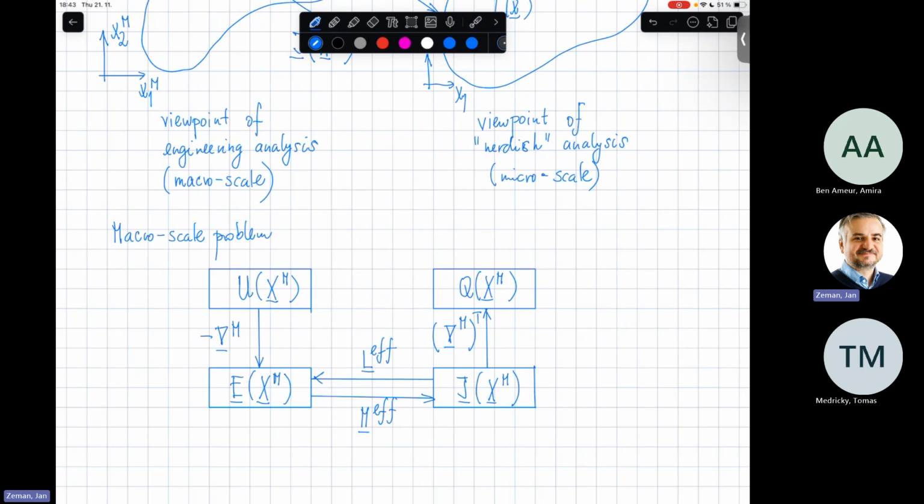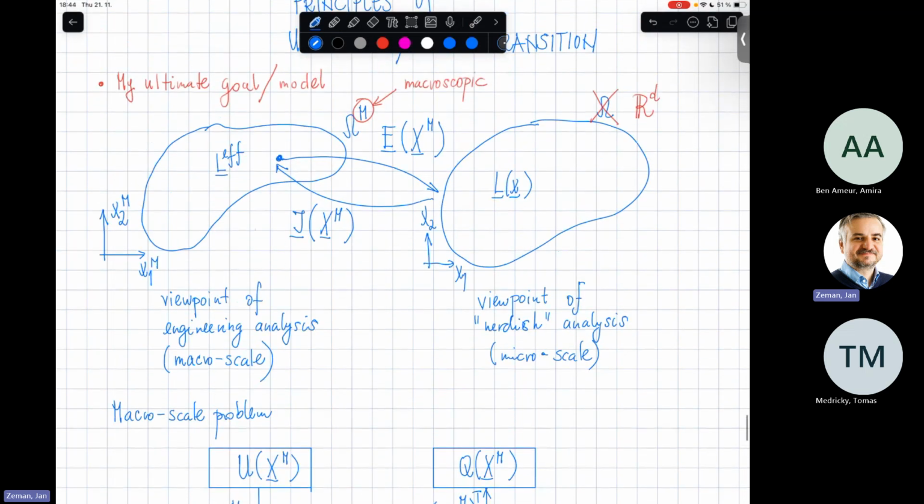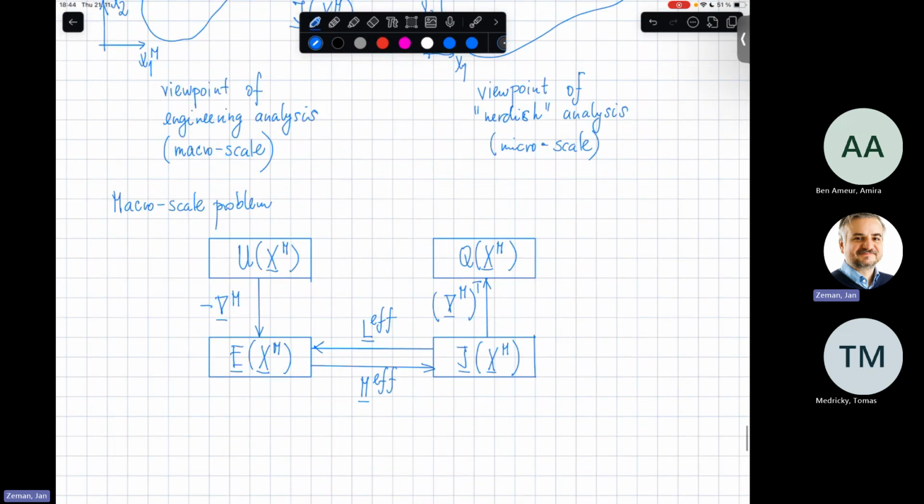Last year I explained it a bit differently, but I think this is just equivalent, perhaps. Okay. Plus I will add the standard boundary condition.